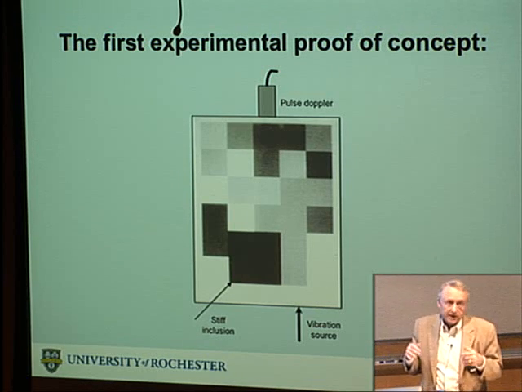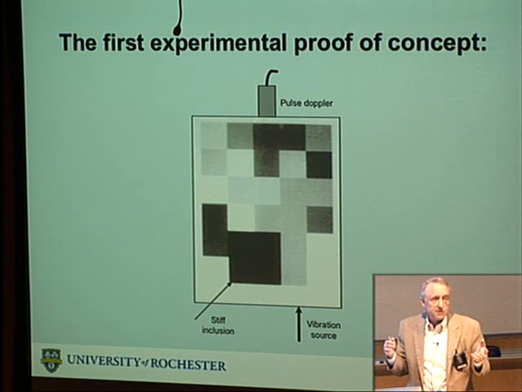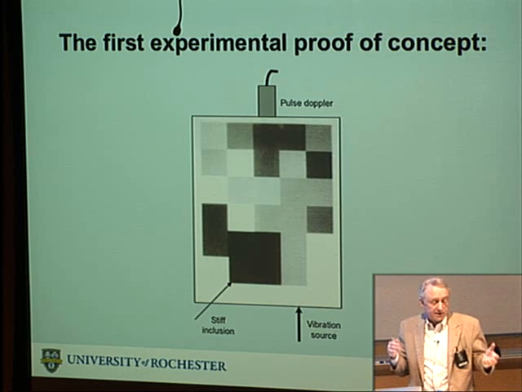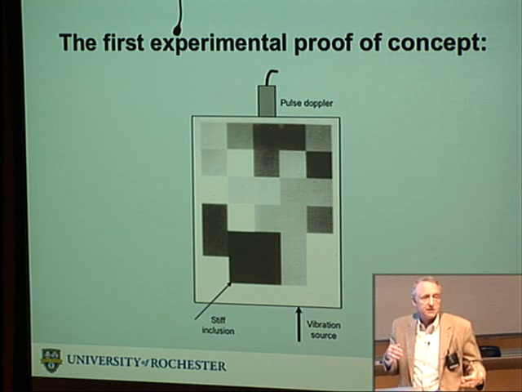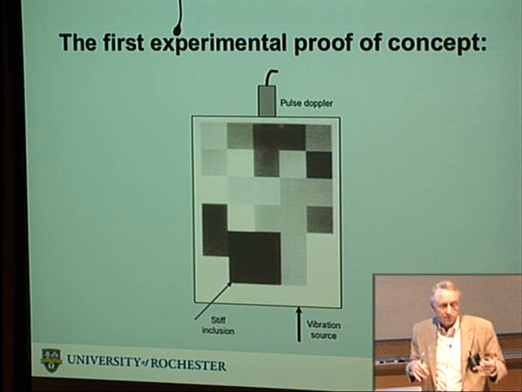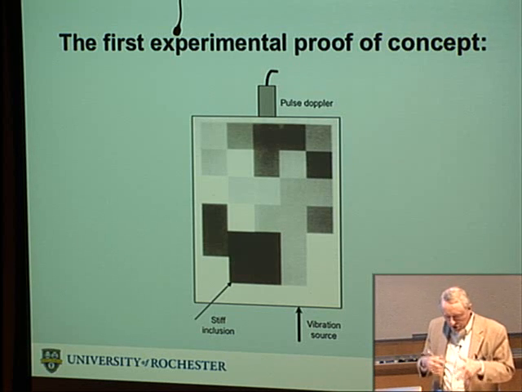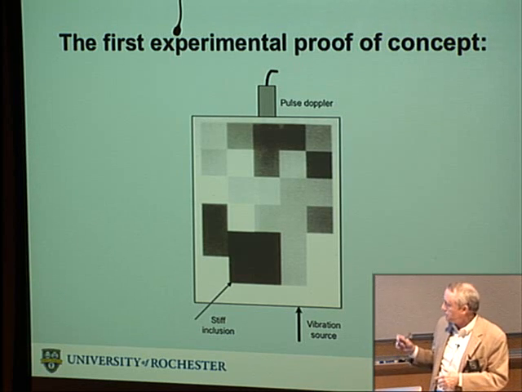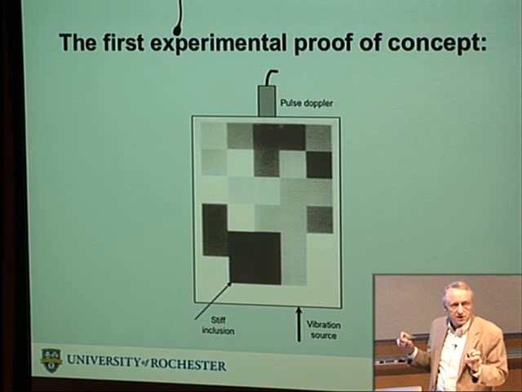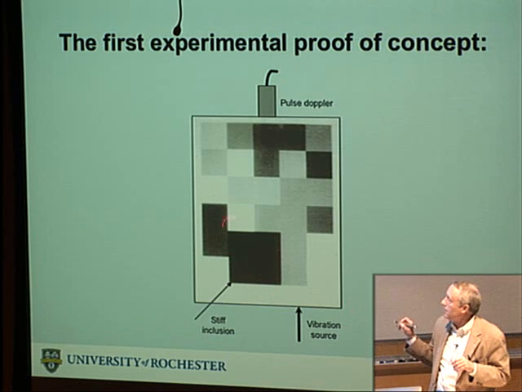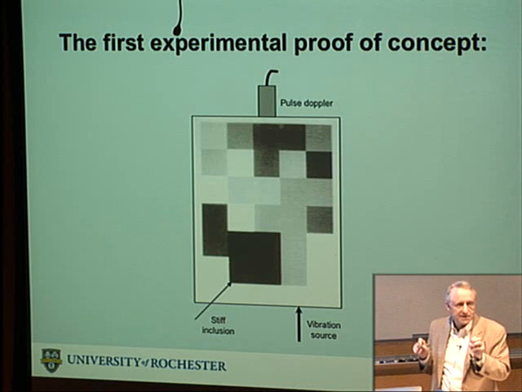And I'm talking about like 100 hertz, 200 hertz. So this would be like low audio vibration. This would be like you standing in front of a bass guitar loudspeaker, amplified loudspeaker. Shear waves will propagate through soft tissue. If there's a hard lesion, then the region that's hard will typically vibrate less.